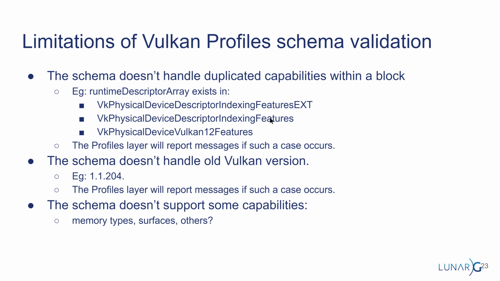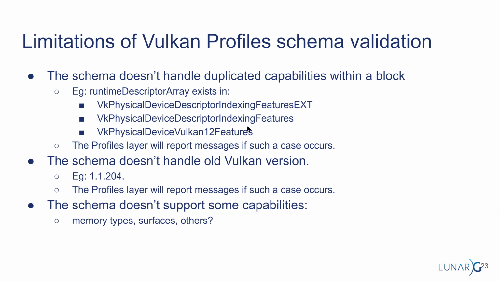However, inside of a capability set, there is no validation that will be done. If we reference the runtime descriptor array, we set it to a capability inside VK physical device descriptor indexing feature ext, or the core version of that, or the Vulkan 1.2 version of that.